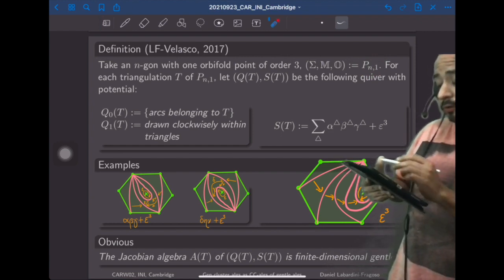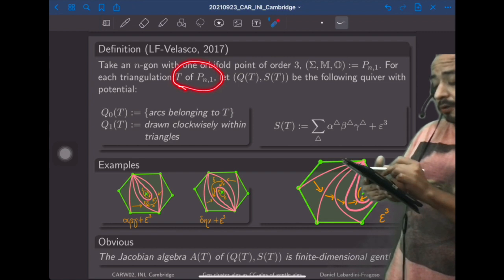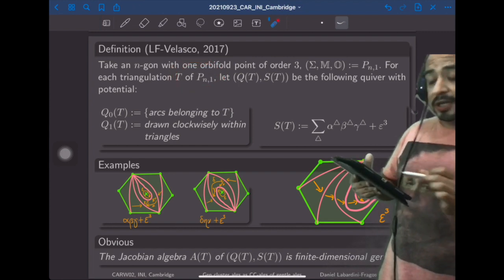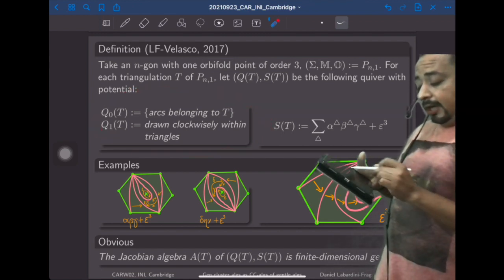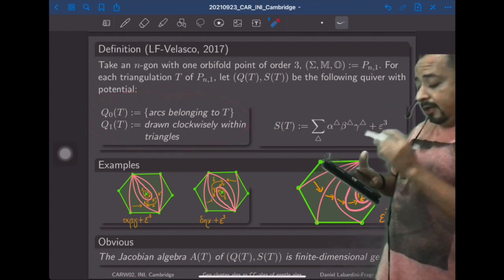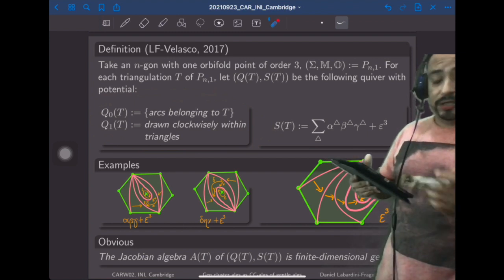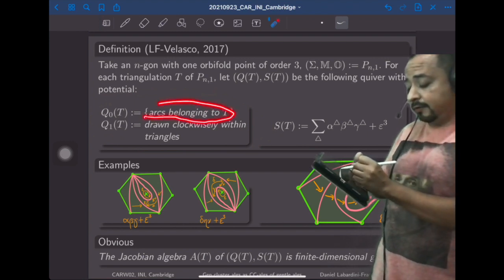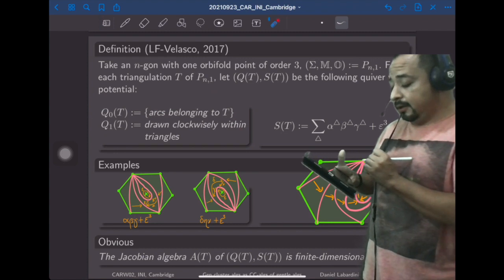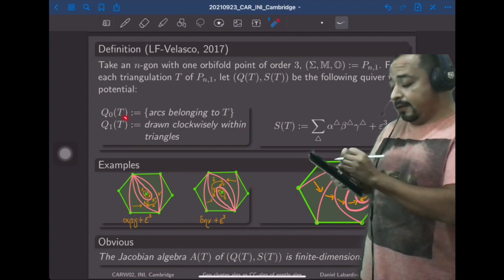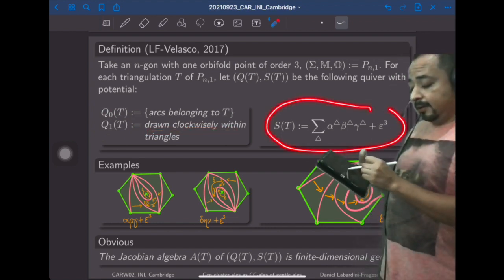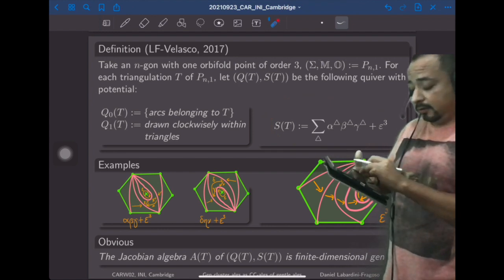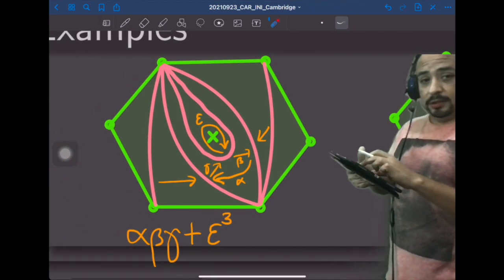So for each triangulation, we considered a certain algebra that can be described as the Jacobian algebra of a quiver with potential. The quiver is defined as you can imagine: the arcs of the triangulation are the vertices of the quiver, and then one draws arrows clockwise within each triangle, and then one takes the obvious potential, right? Let me show you these examples.